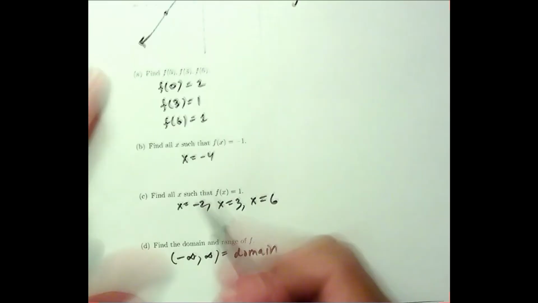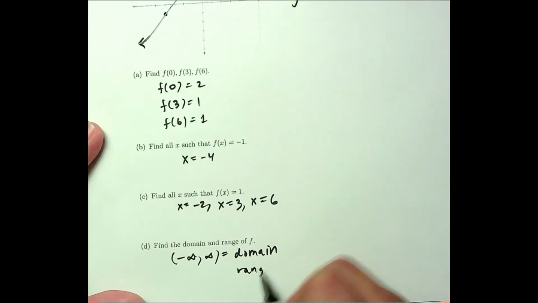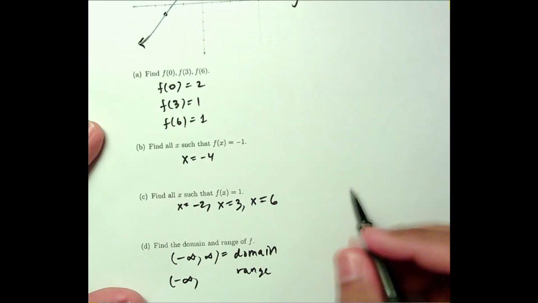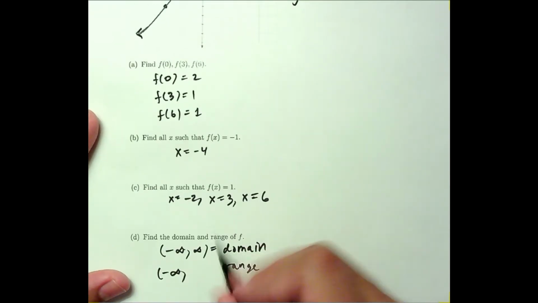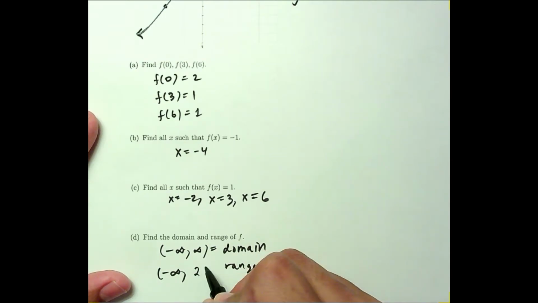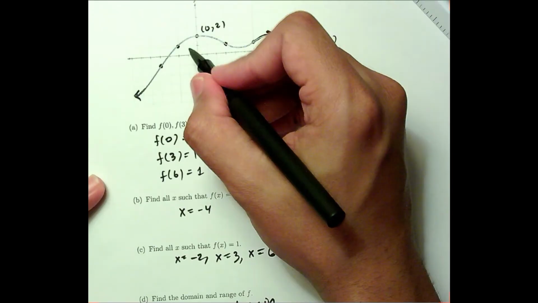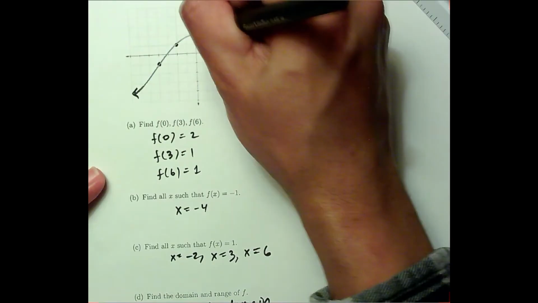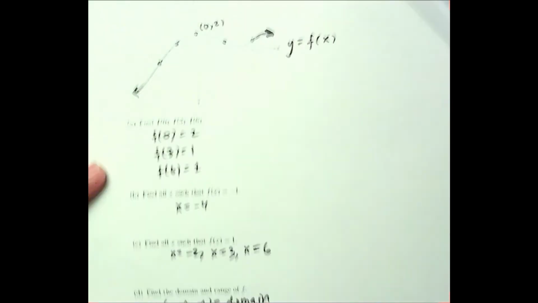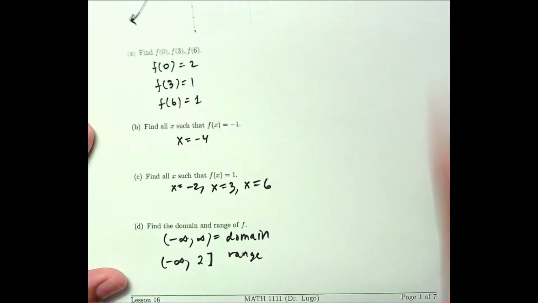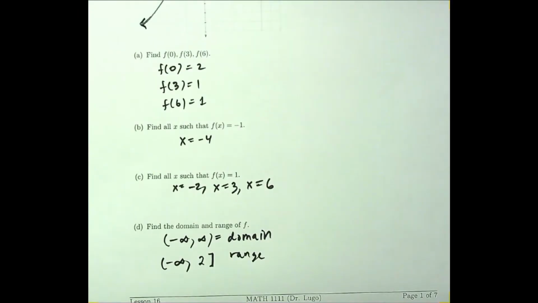So the range is from -infinity to 2, and you have to include 2 because there's not a hole at 2. That point is included. It is filled in. All right. So that is it for page 1.